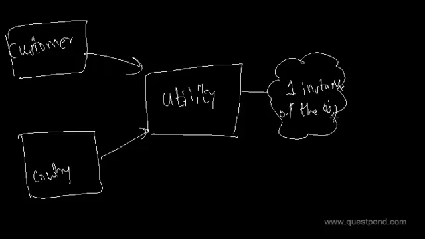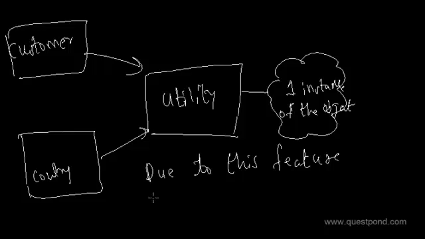Now, because of this single instance behavior of static classes, they are also used in scenarios when we want to share common data. For example, let's say you want to share configuration data in your Windows application. You have 50-60 forms, and every time those forms run, you would like to share some common data.